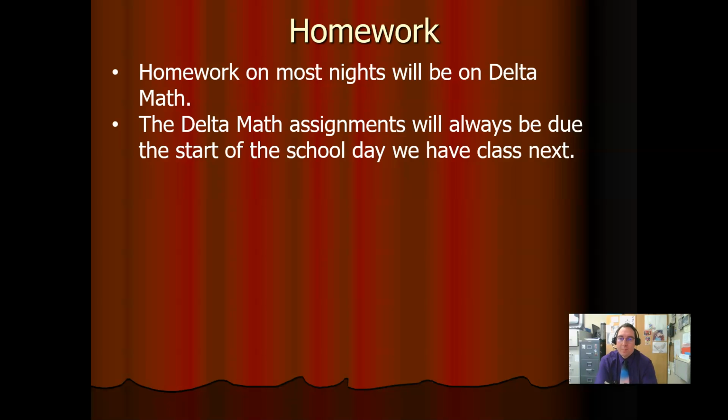So if I give an assignment on Monday, then the assignment will be due on Tuesday morning at 8:30, or at least that's when the Delta Math assignment will be due. If I give an assignment on a Tuesday or a Wednesday, then the assignment will be due either Thursday morning or Friday morning, depending. And if the assignment's given on Thursday or Friday, then the assignment for both classes will be due on Monday.